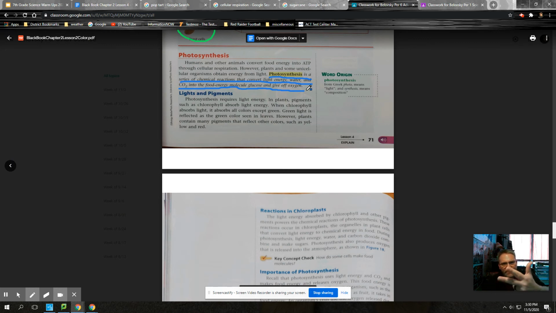The plants keep the food, and they get rid of the water, and they get rid of the oxygen. I should say it gets rid of not carbon dioxide, it gets rid of oxygen, and that's the oxygen that we breathe. So photosynthesis is super, super important to us animals.